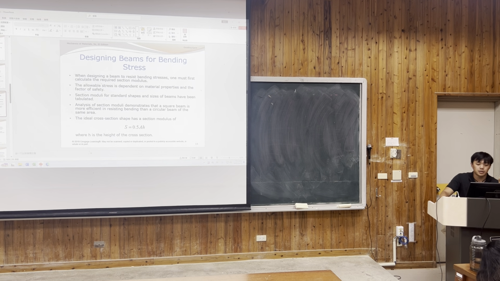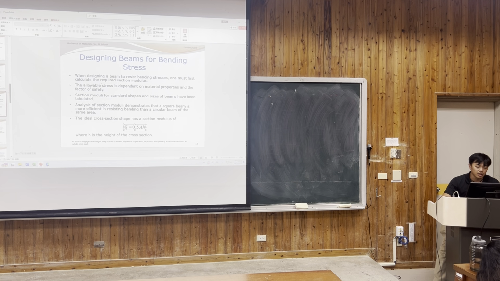So this part is like when you take the course of RC design. It is like the concrete and the rebar stuff in civil engineering. So you're designing the beam for bending stress.